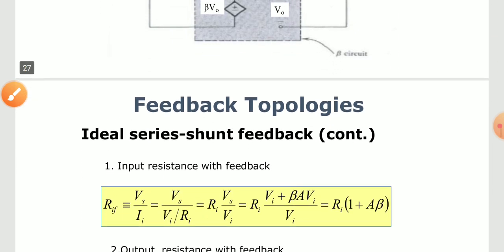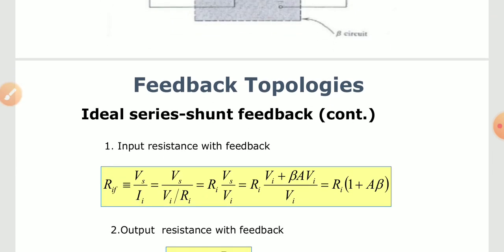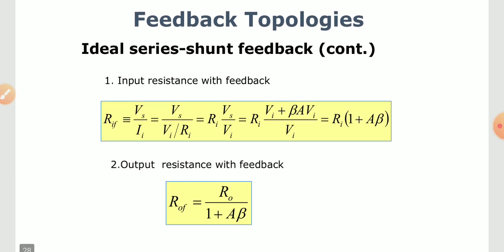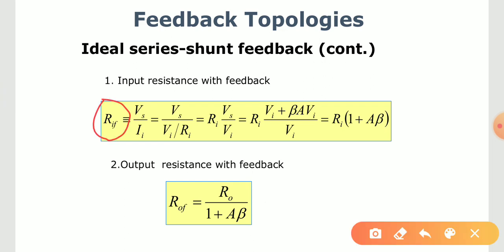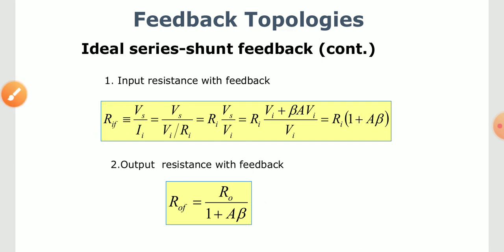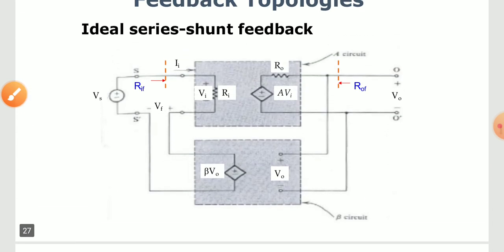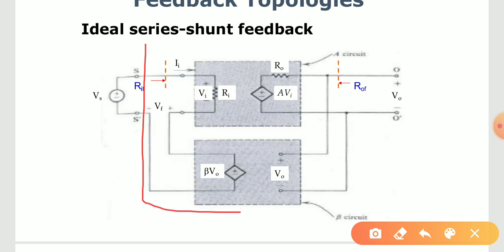So now we go to another case. We are now interested in getting the equation for the R of IF, where R of IF is defined as the total input impedance using the feedback circuit. Let this red colored portion be the total block.